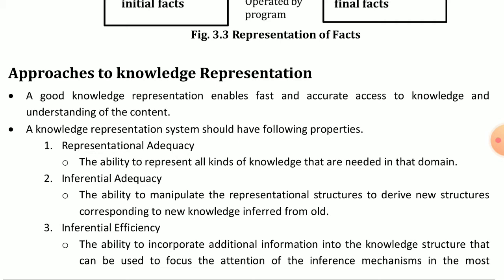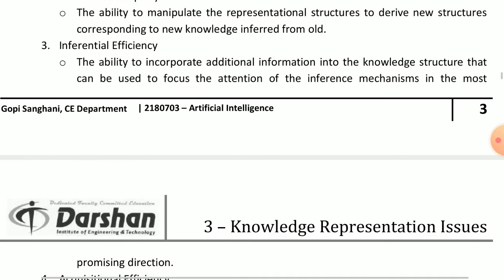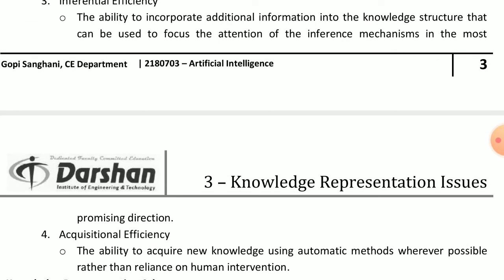Third property is inferential efficiency, means we can find out the probability. The ability to incorporate additional information into the knowledge structure that can be used to focus the attention of the inference mechanism in the most promising direction.